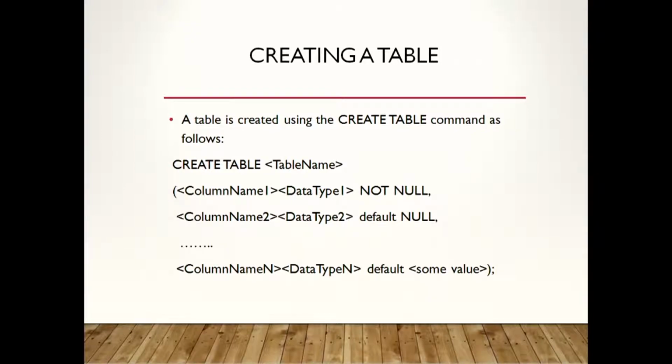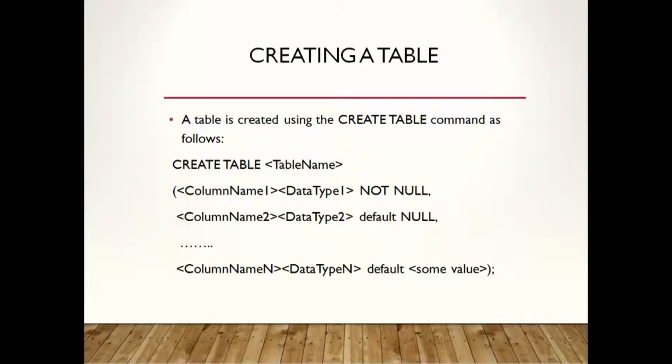Then in circular brackets we specify the different columns which we want, because a table is a combination of rows and columns, and the column names are the different attributes which you are giving to that table. So you have to specify those different attributes along with their data type and along with their constraints in circular brackets separated by a comma.